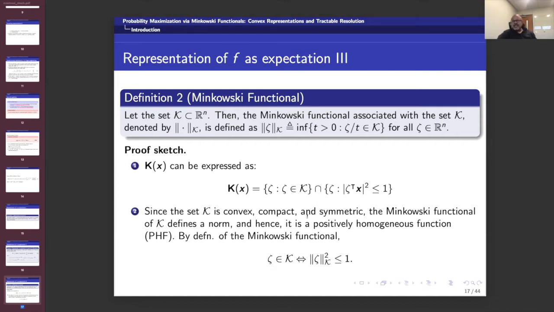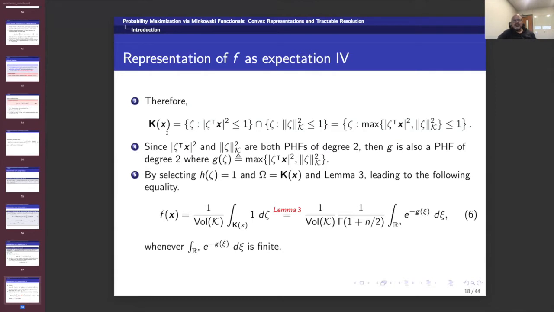So which means that this set can be replaced as follows. I can write K of X as the set of zeta such that zeta transpose X norm squared is less than 1, intersection the norm squared with respect to K script is less than 1, which is of course the same as saying the max of these two is less than 1.